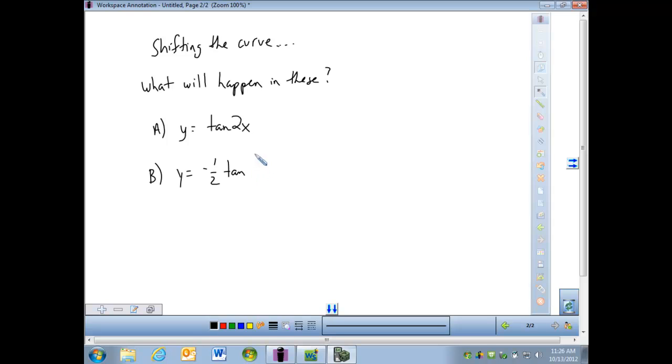And then when you're done with all that, go ahead and push play on the video, and I'll put down the answers to what really happens to these. Try it first though, just so you can see if you really do understand what happens when you plug these in. Very similar to what we did with sine and cosine, so shouldn't be too awfully difficult.